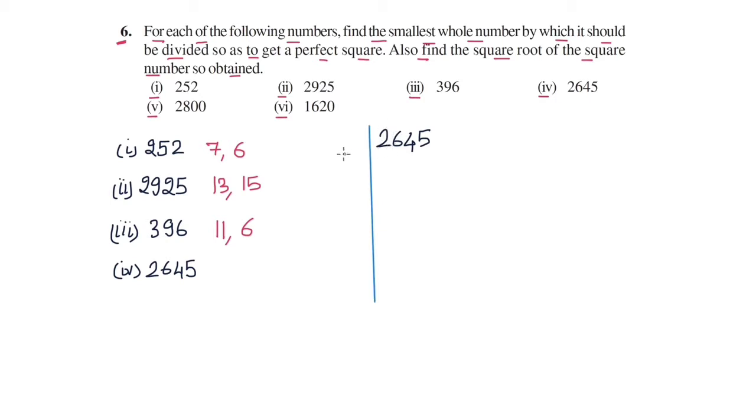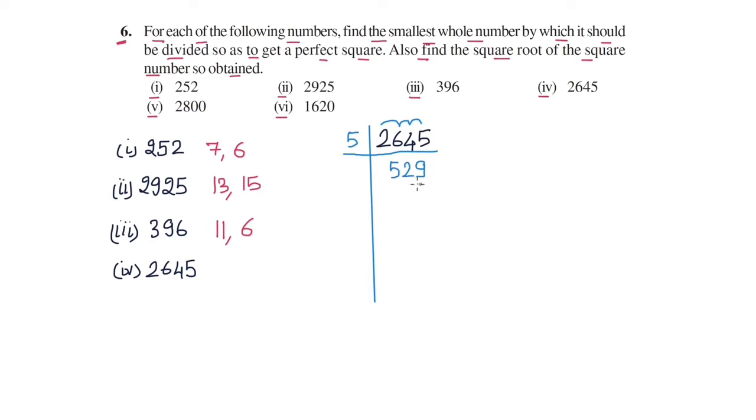Since this is an odd number, we use the divisibility rule to check if it is divisible by 3 or not. If we sum up the digits, the sum is not a multiple of 3, so it will not be divisible by 3. Moving to the next number, that is 5. If we check for 5, yes, it is divisible. So 5 times 529 is 2645.